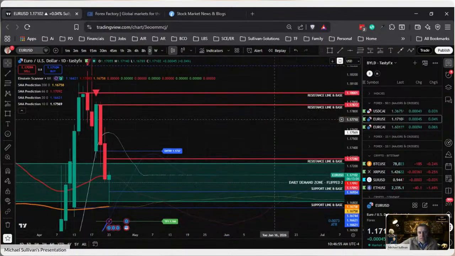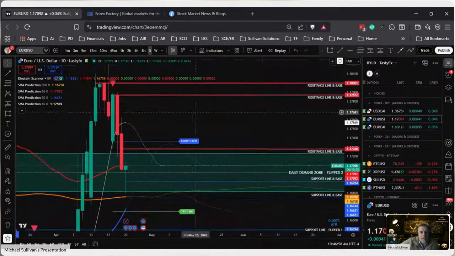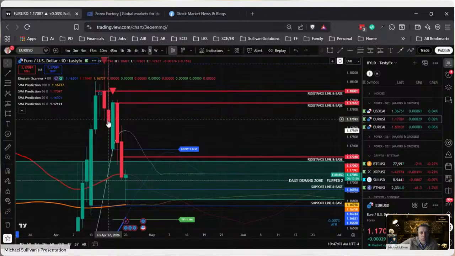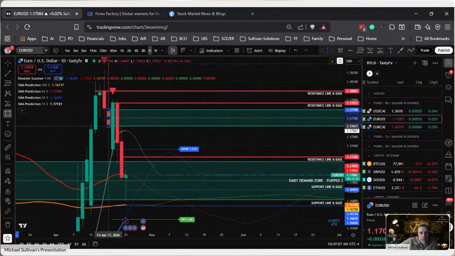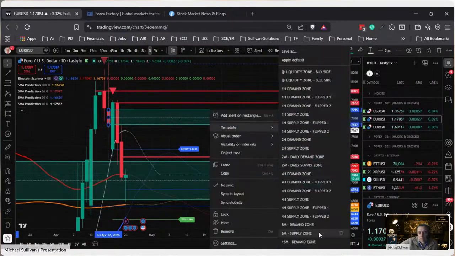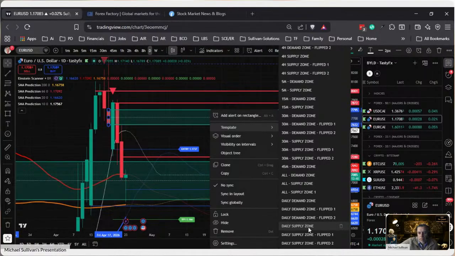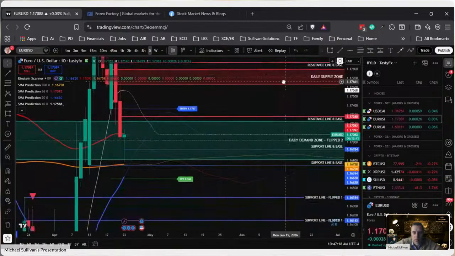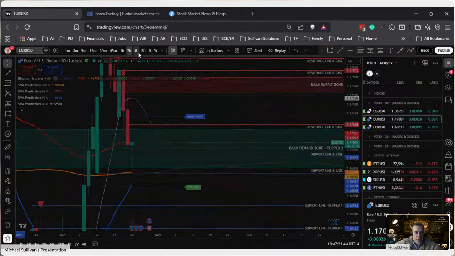We got that as a resistance line and base. I mean, technically, this is a supply zone. It's not your typical looking one. And not really doing much with that right now, but that's marked up and we're good.